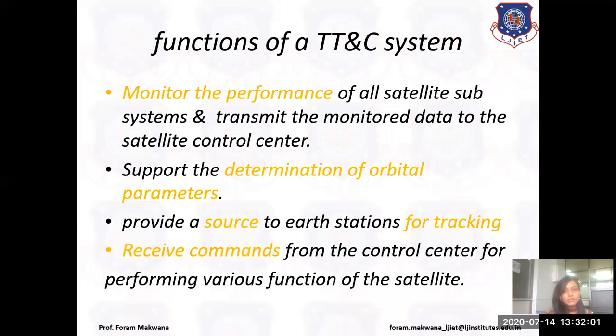Now, what is the function of TT&C system? The first point is it monitors the performance of all the satellite subsystems and transmits the monitored data to the satellite control center. Second point, it supports determination of orbital parameters. Which parameters? We know that there are total 6 different orbital elements.